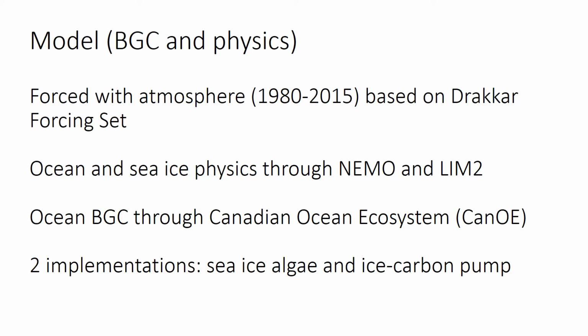And we've added two implementations, namely the sea ice algae and the ice carbon pump. Sea ice algae is a new functional group within the ice, and the ice carbon pump is supposed to represent the rejection of high DIC, high TA brine during ice growth and the release of low DIC, low TA water during the melting process.